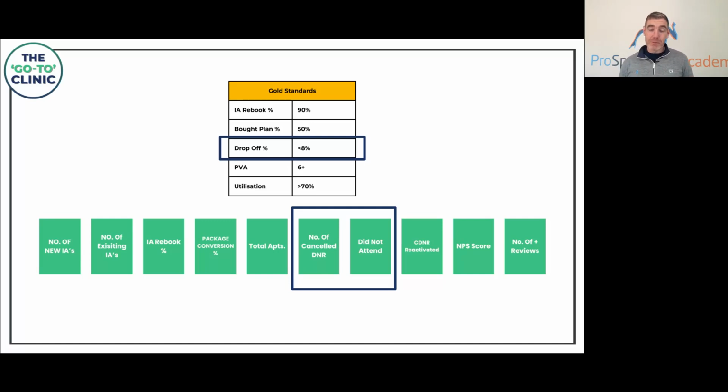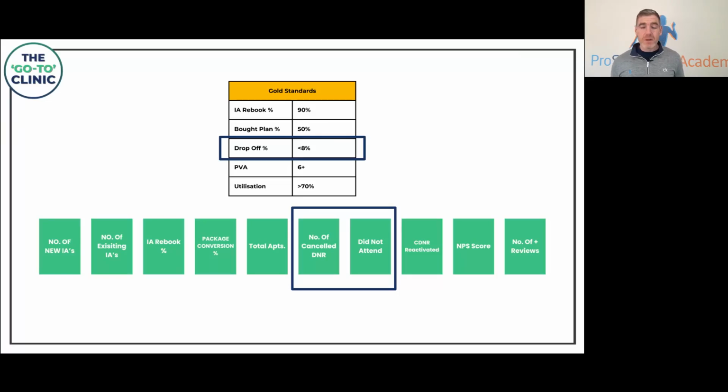From the clinical experience of my own clinic, and without trying to sound cocky, my clinicians are very good at hitting a lot of these standards. Working with a lot of other very good clinics and clinicians, we found that a fair number for the drop-off percentage sits around 8%.